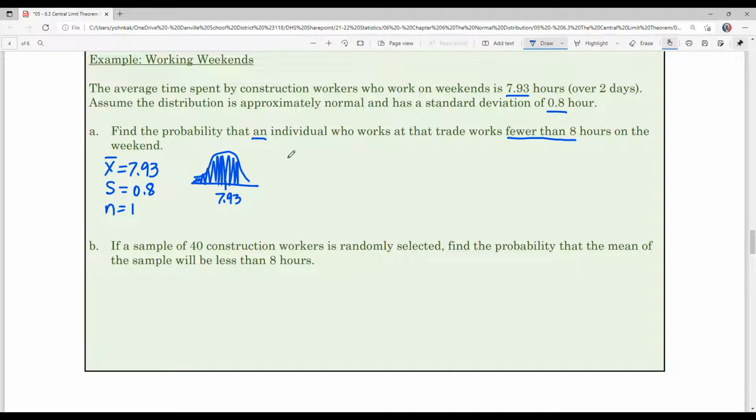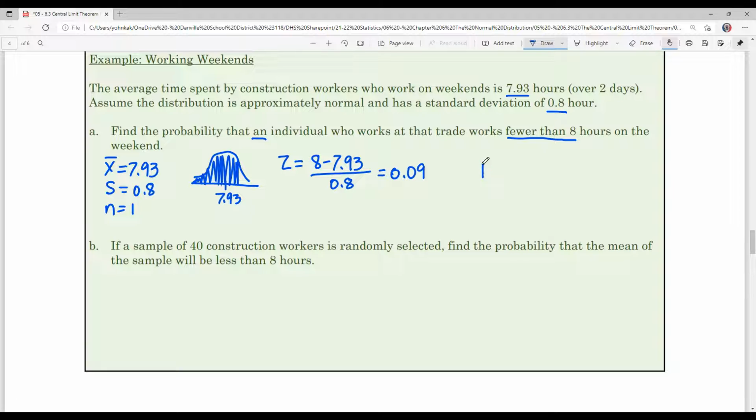Now this is one single person. So my z-score is 8 minus 7.93 divided by the standard deviation of 0.8. There's no square root of the sample size because that would be square root of 1, which is just 1. This gives me a z-score of 0.09.